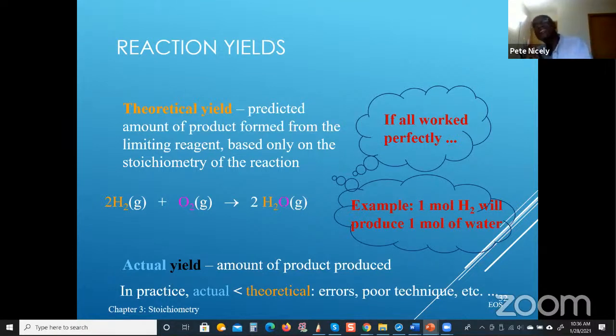Another reason is that the products themselves are reactive. So as soon as the products are formed, the products themselves react, okay? And you can try to counter that by applying conditions which would not allow the products to react, but sometimes you simply cannot avoid it. And there's a third reason why the actual yield would be less than the theoretical yield, and that has to do with what we call competing reactions.